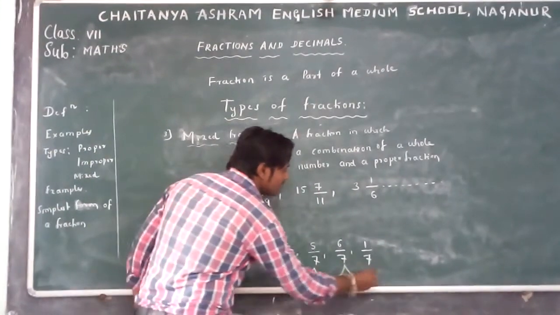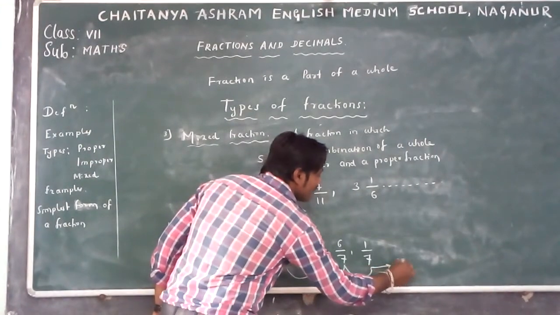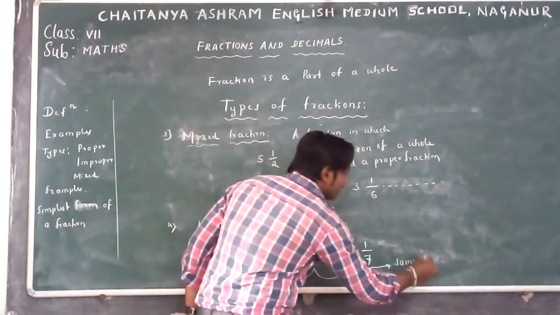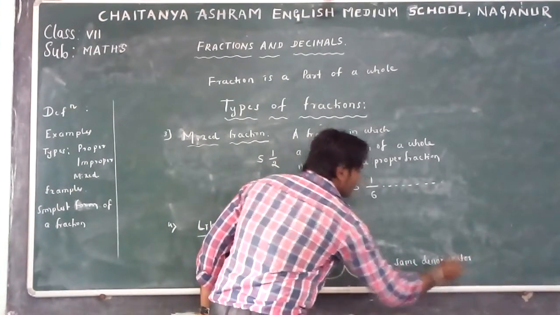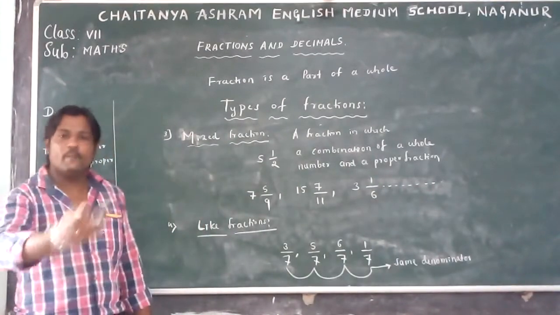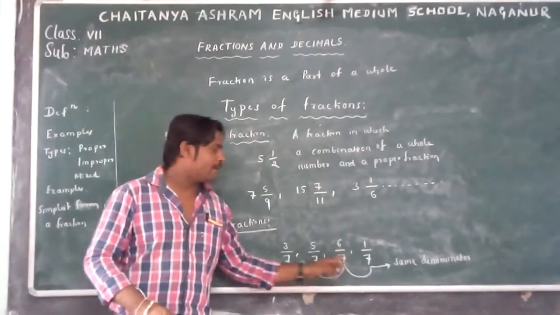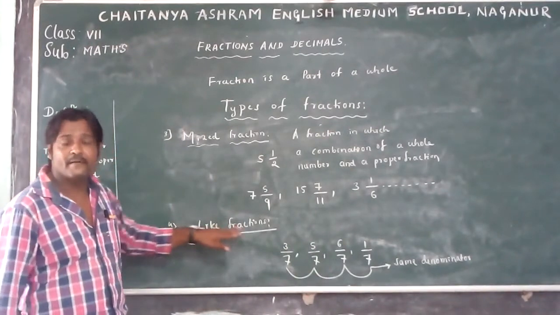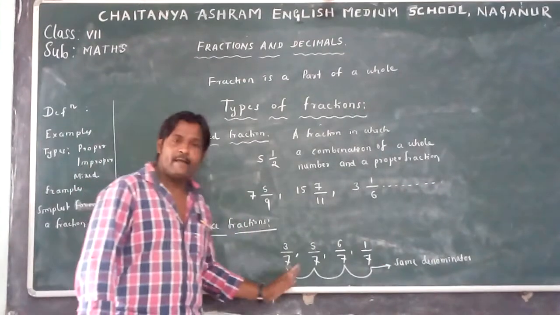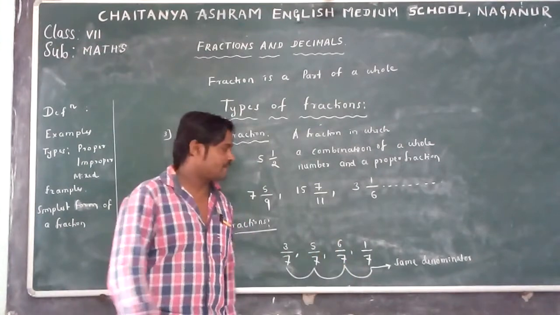These 4 fractions have same denominator. So when 2 or more fractions have same denominator, such fractions are called like fractions. These are the examples for like fractions.